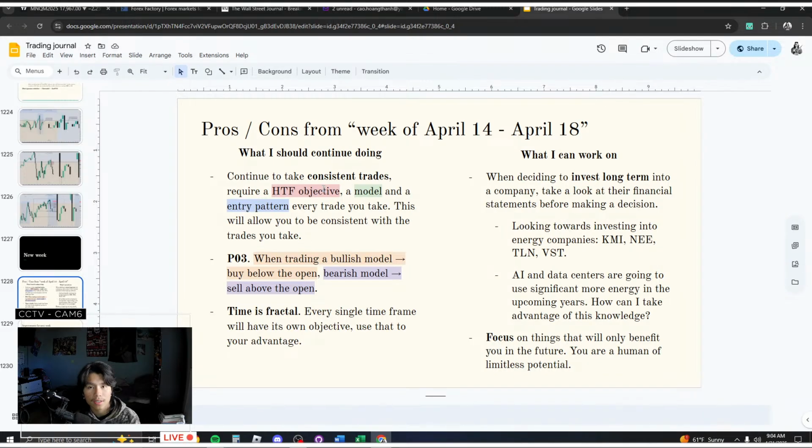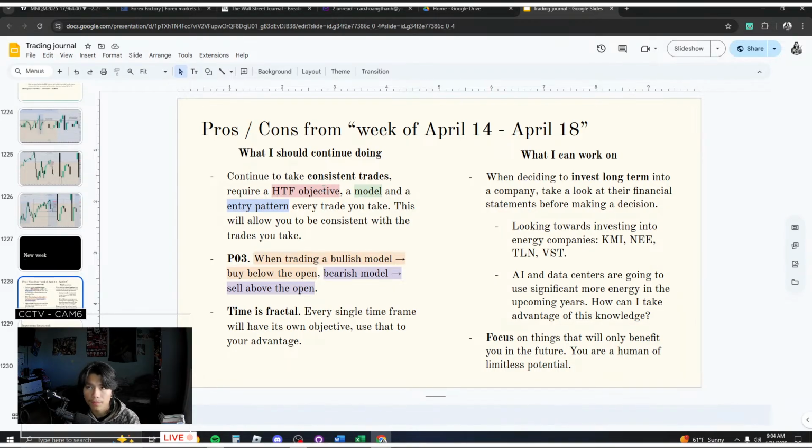The first is requiring a higher time frame objective, right? Understanding what the higher time frame wants to do, where it wants to go. Is it going to trade back into the discount of a dealing range? Is it going to expand towards existing liquidity? Those are higher time frame objectives. Those are how I frame the outer layer of my trade.